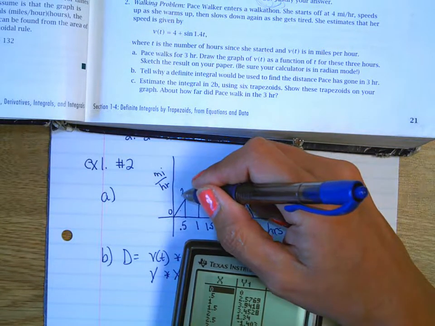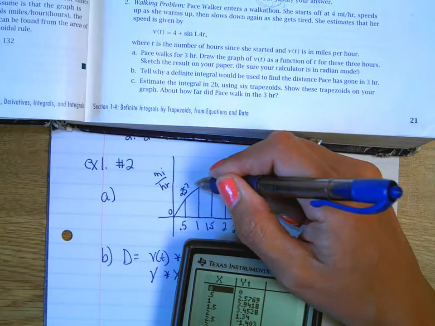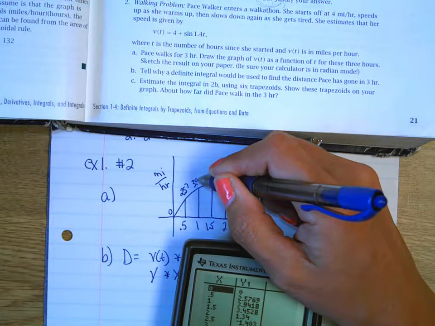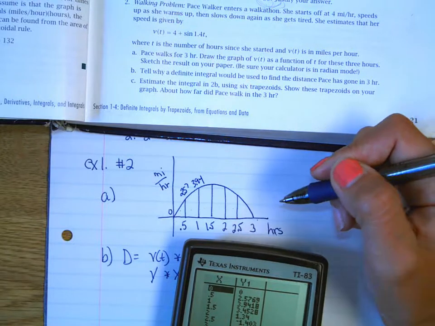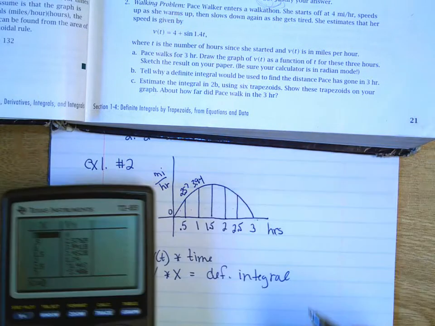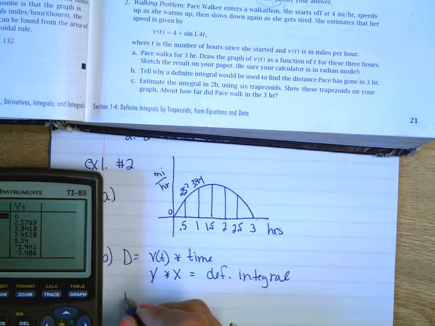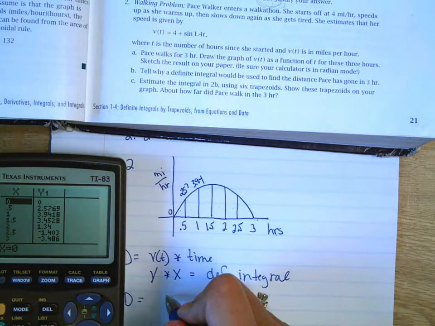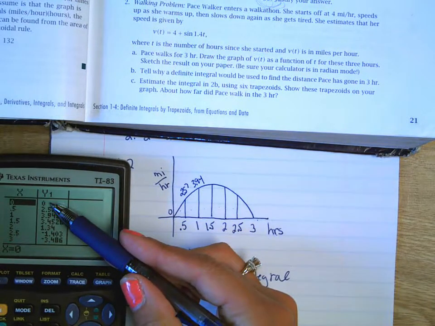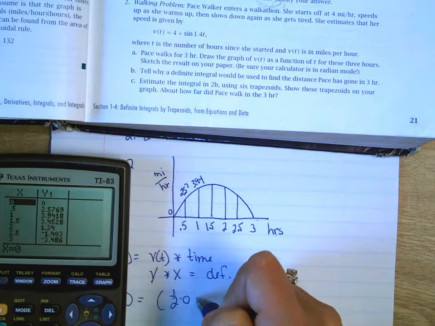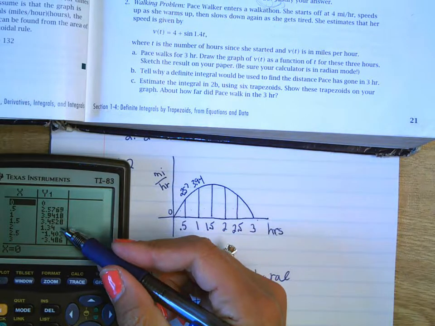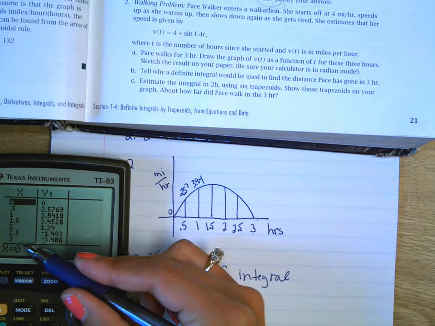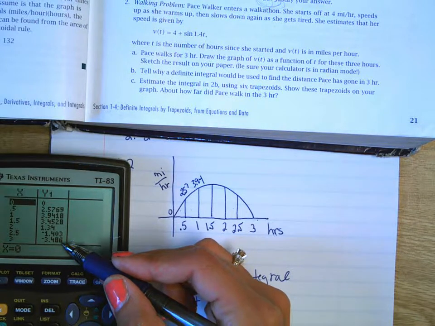This one's at about 2.57, 3.94, and so on. Okay, I don't need those there. So to find the distance traveled, we're going to find the area of the trapezoids, and our shortcut is half of the first y value, which is 0, plus all of the middle y values, and then half of the last one, and the last one happens to be right here.